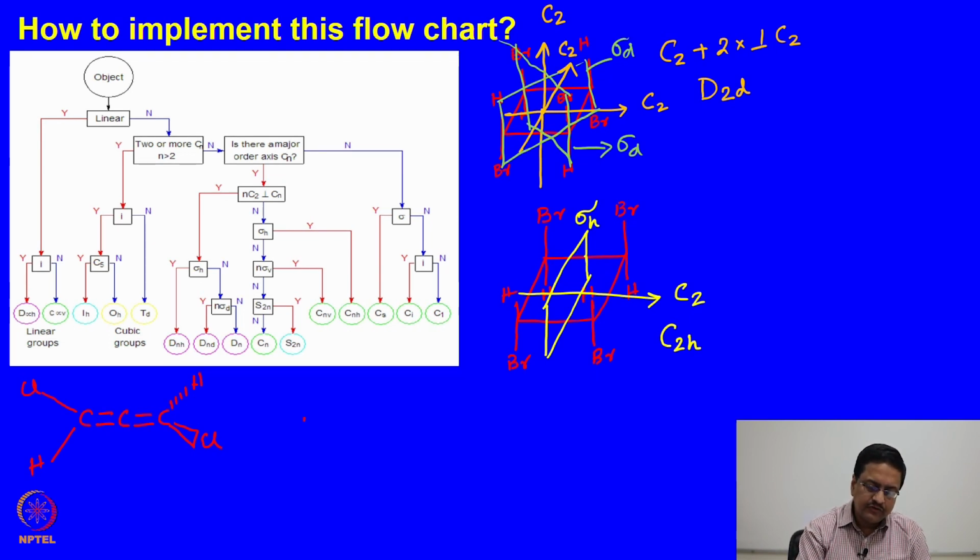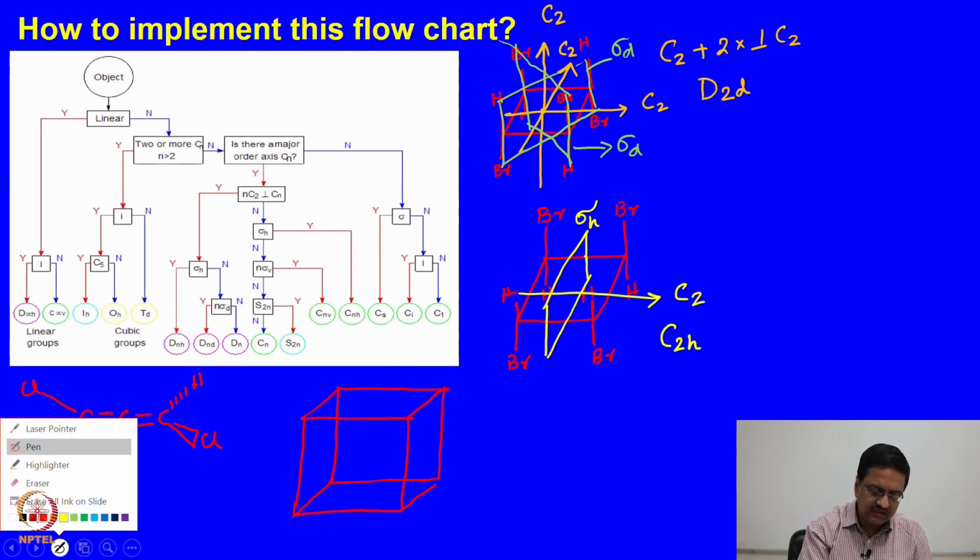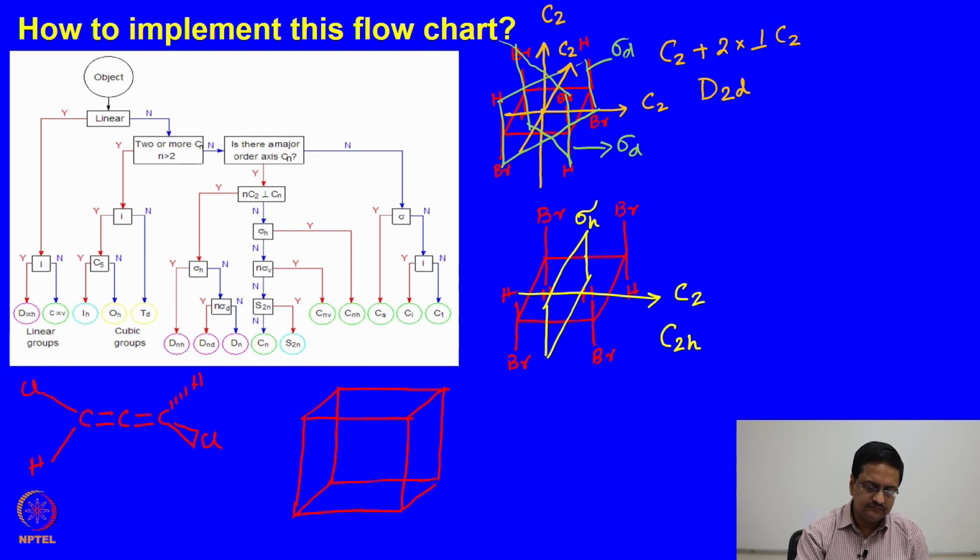So, we will do the same once again. We will try to draw the molecule inside a cube. For your easy understanding, I will use different color for drawing the molecule. So, if I put chlorine and hydrogen at these two corners, I can put chlorine and hydrogen at those two corners, and the carbon atoms are like that.